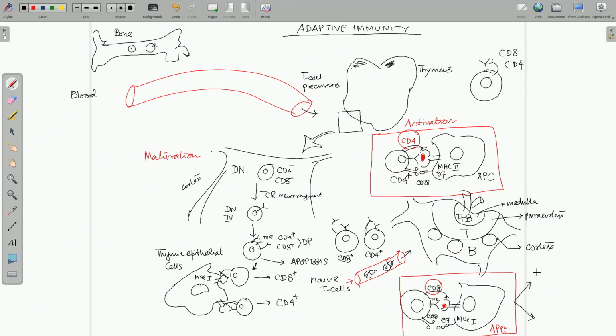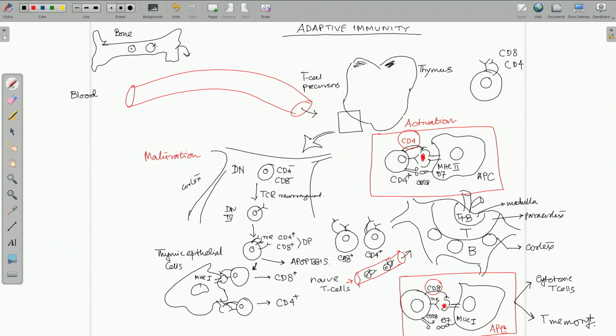finally differentiate into either the cytotoxic T cells or the T memory cells.